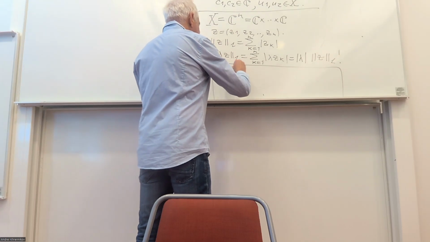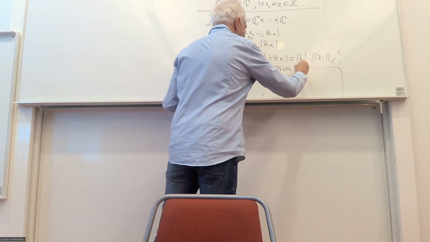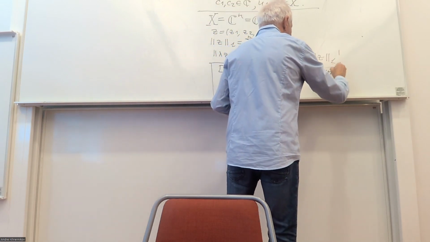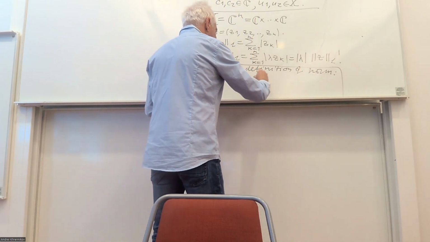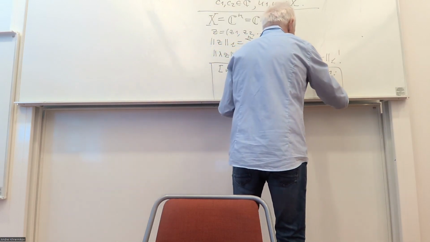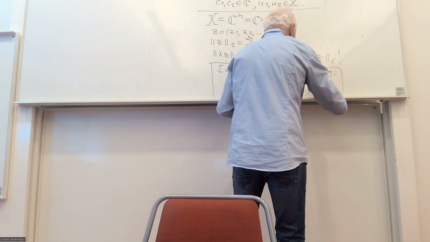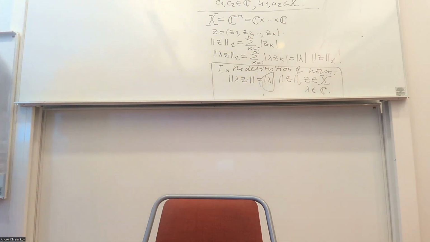In the definition of norm, we have the following equality: the norm of lambda z equals the absolute value of lambda times the norm of z, where z belongs to X and lambda is complex, and the absolute value is the complex absolute value. So the only difference is that if we multiply a vector by a scalar and take the norm, the scalar can be taken out, of course, with the complex absolute value.